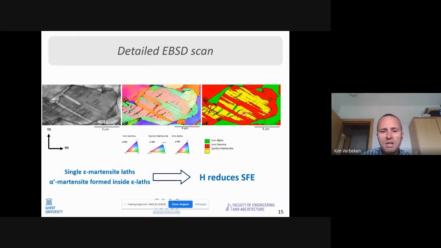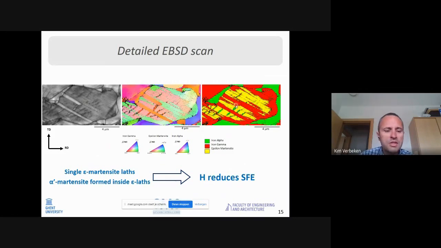So you see here in this grain, clearly the three phases present on a distance of a few micrometers. Here you see 4 micrometers. So on a micro scale, you have different crystallographic structures, which is related to the effect of hydrogen. Here you see the yellow zones again, which are the epsilon martensite, and you have the alpha prime martensite.